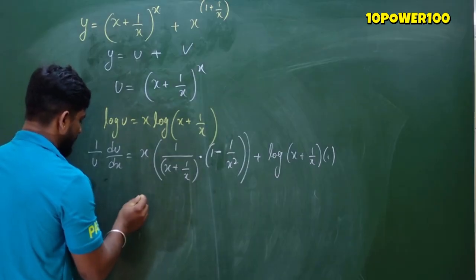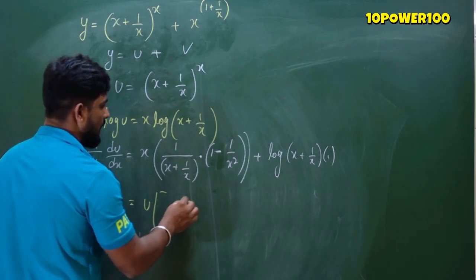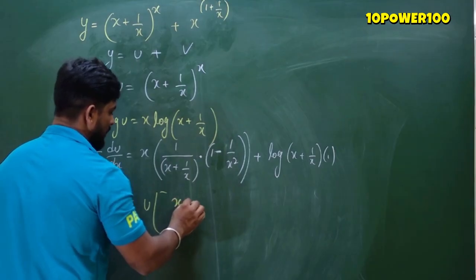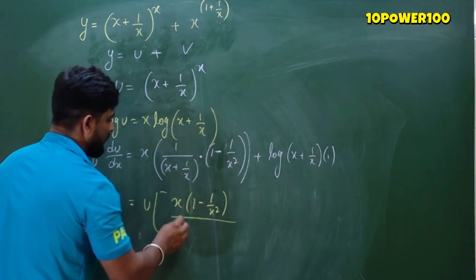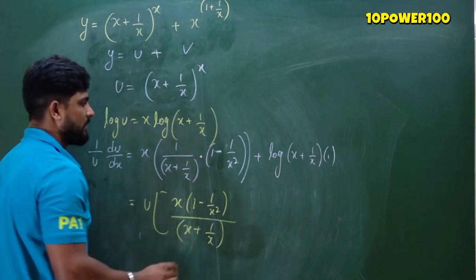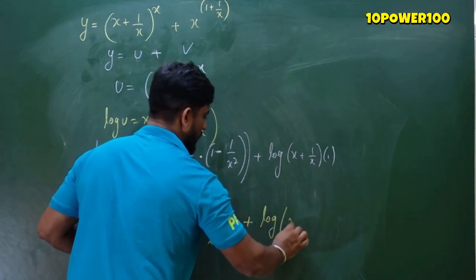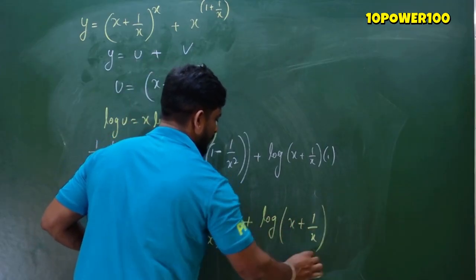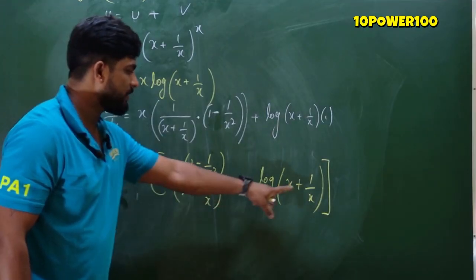Okay, so this is the differentiation step. Now if I just rewrite this, u will come here. I'll write this as x of (1 minus 1 by x square) divided by (x plus 1 by x) plus log of (x plus 1 by x), because u is there, so that's why you should take the bracket like this.